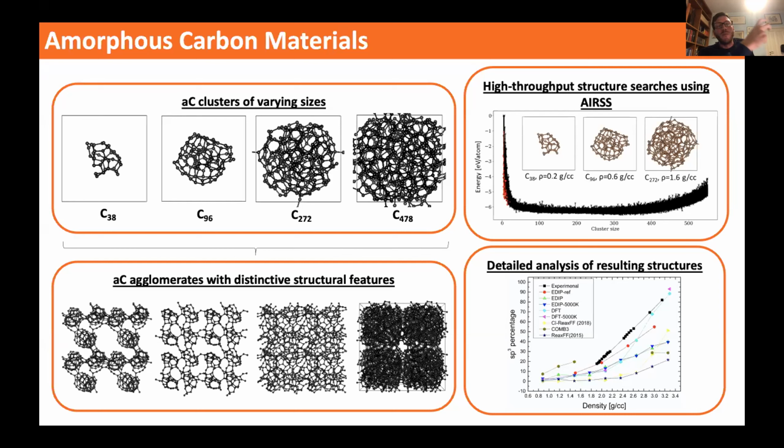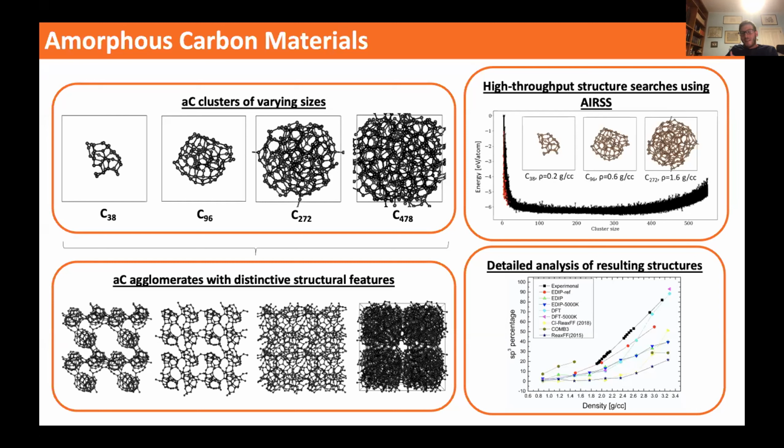To model the growth process, we've been using high-throughput structure searches to get a description of the most stable clusters that we can form, exploring different sizes, and then using them as building blocks to describe larger agglomerates that compose the nanoclusters of the amorphous carbon material.